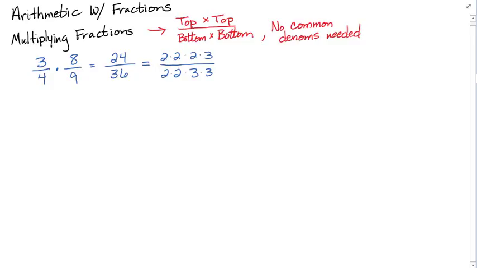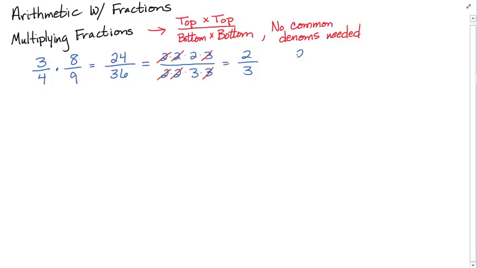And so those are the two prime factorizations for these two numbers. And so we cancel common factors. Anything that shows up, we get to cancel that 2 and that 2, this 2 and this 2, this 3 and this 3. And we're left with a 2 on top and a 3 on the bottom. 2/3 is the simplified version.